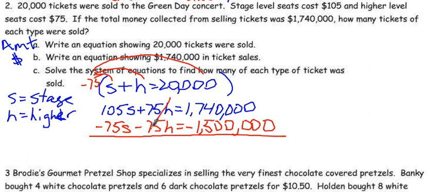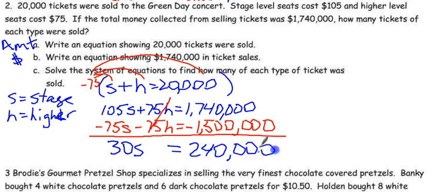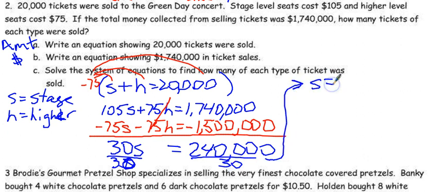All right, from here we can go ahead and do our elimination. These two eliminate. So I am left with 30S equals, and all of that subtracted will give you a grand total of 240,000. To get S by itself, I'm just simply going to divide by 30. So I get S equals 240,000 divided by 30 in your calculator, you get 8,000.